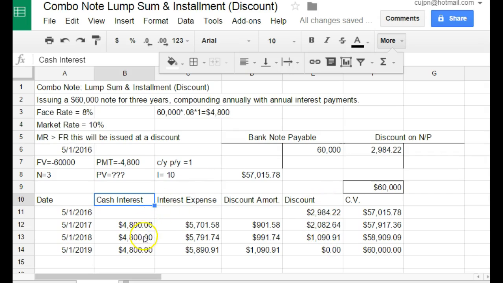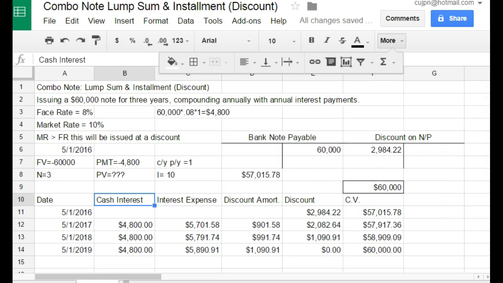On top of it though, don't forget I'm making this $4,800 cash payment. That is why my interest expense is higher than the $4,800, because I'm taking it out of this discount account, which remember, this discount is future interest expense that I'm going to be accruing. And just like on the lump sum, I'm accruing that interest even though I'm not paying it. I have to account for it and put it in the year where it belongs.